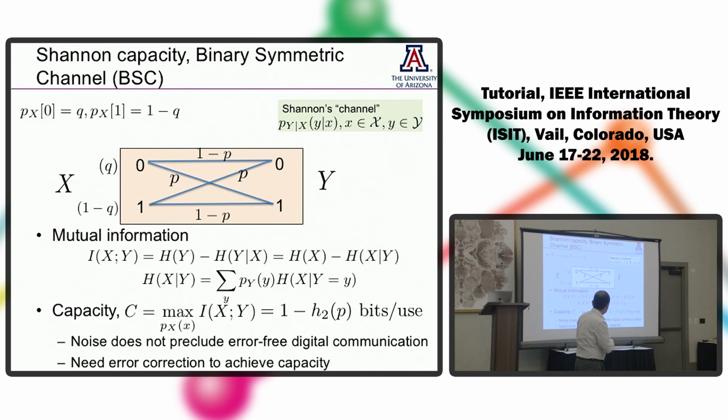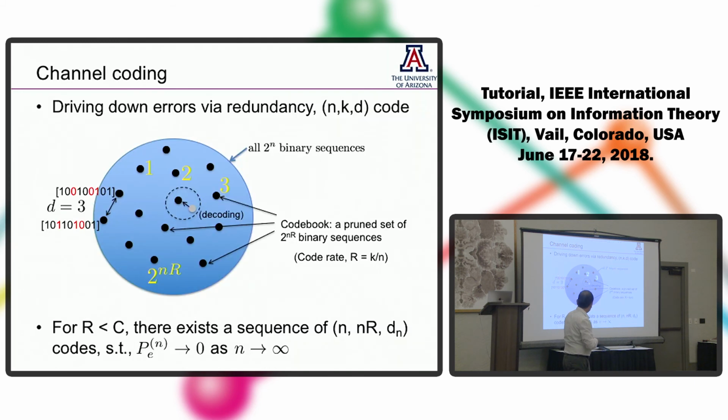That's the rate at which you can send information reliably per channel use, in the sense that there exists a way to encode your information at the input and decode it at your output such that you can send this many bits per channel use. So noise does not preclude error-free communication, but we need error correction to achieve that capacity. Again, we all know about Shannon capacity here, but this is just to set notation.